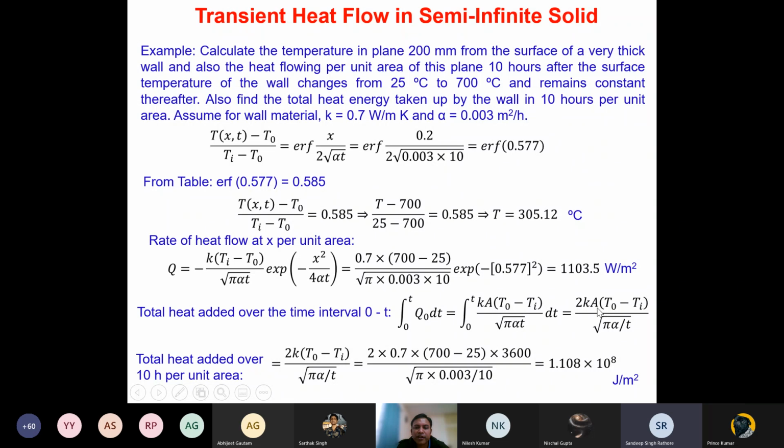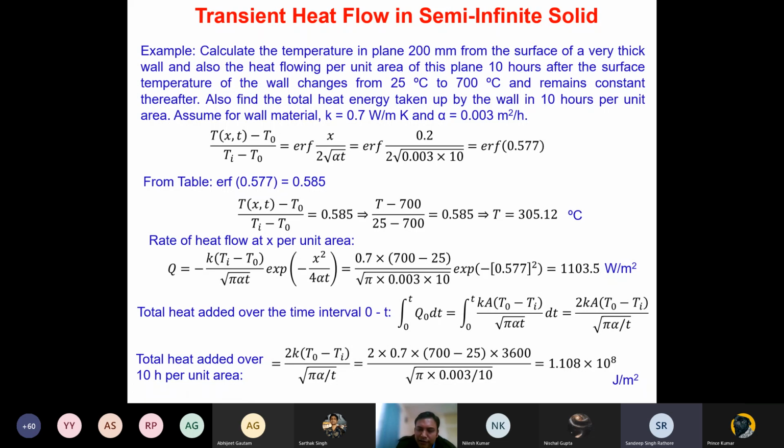So this comes out to be joule per meter square, isn't it? Is it clear to everyone? Yes, sir. It is the same equation except that now the unit will be joule per meter square because now we have integrated with respect to time. Correct? All right. Yes, sir. Okay.